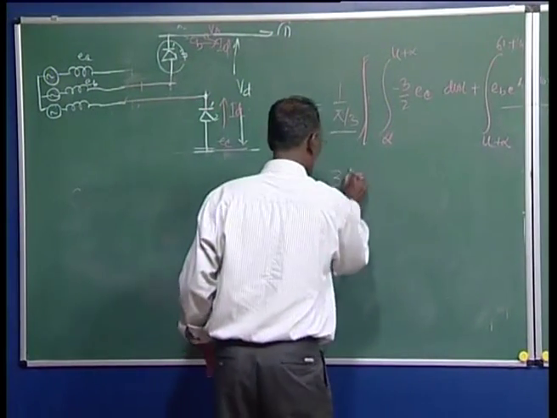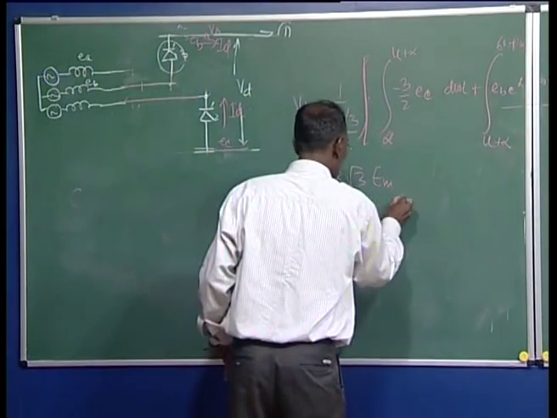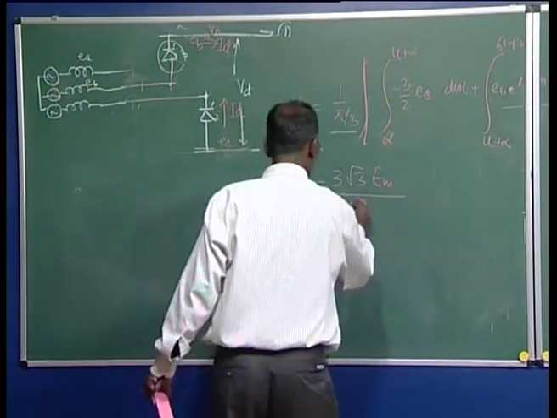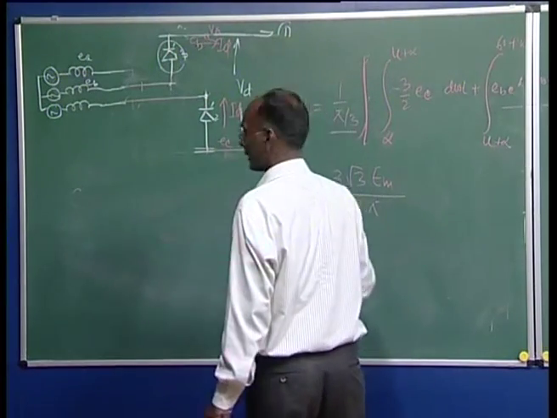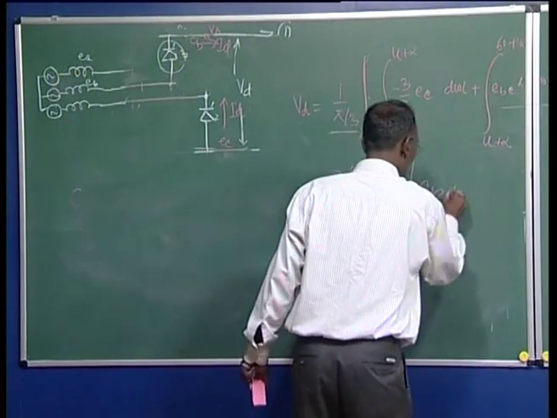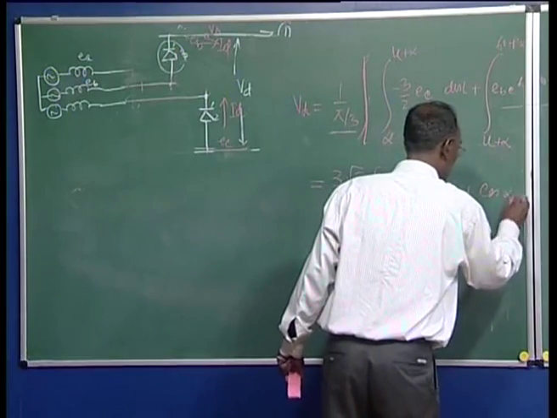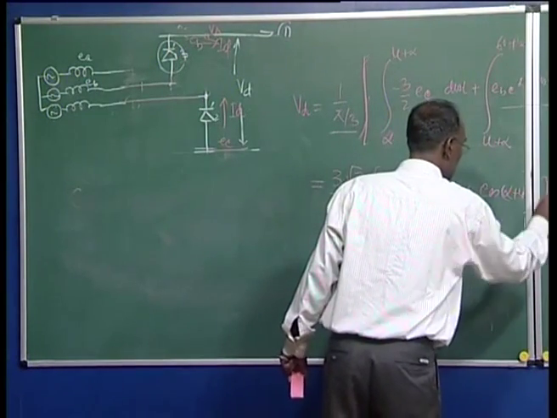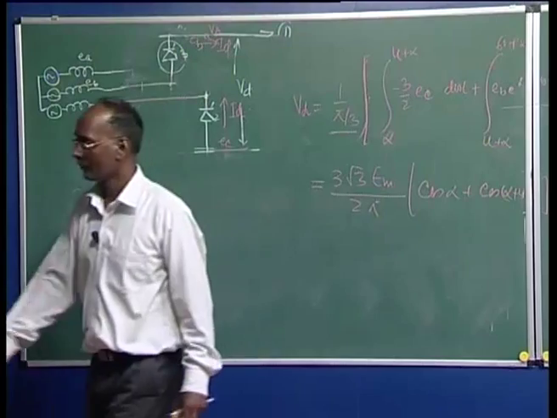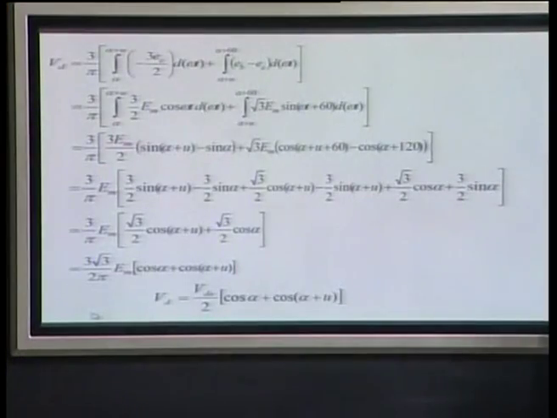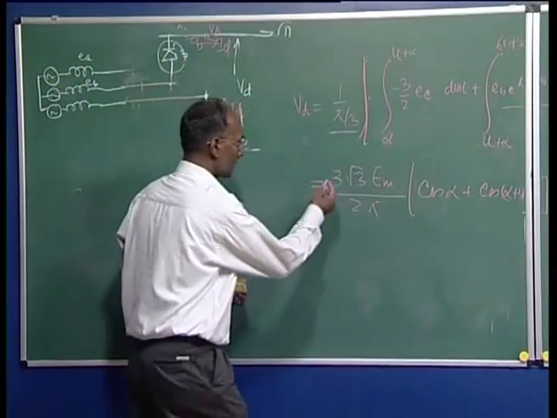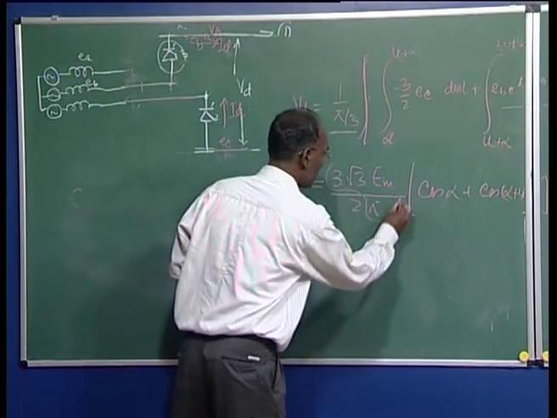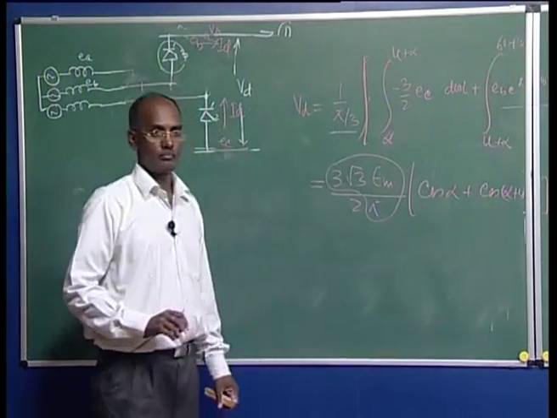I can write 3 under root 3 EM, EM is the peak value, over 2 pi, and we are getting cosine alpha plus cosine alpha plus u. This is the DC voltage we are getting. Now you can find this component was our VDO.